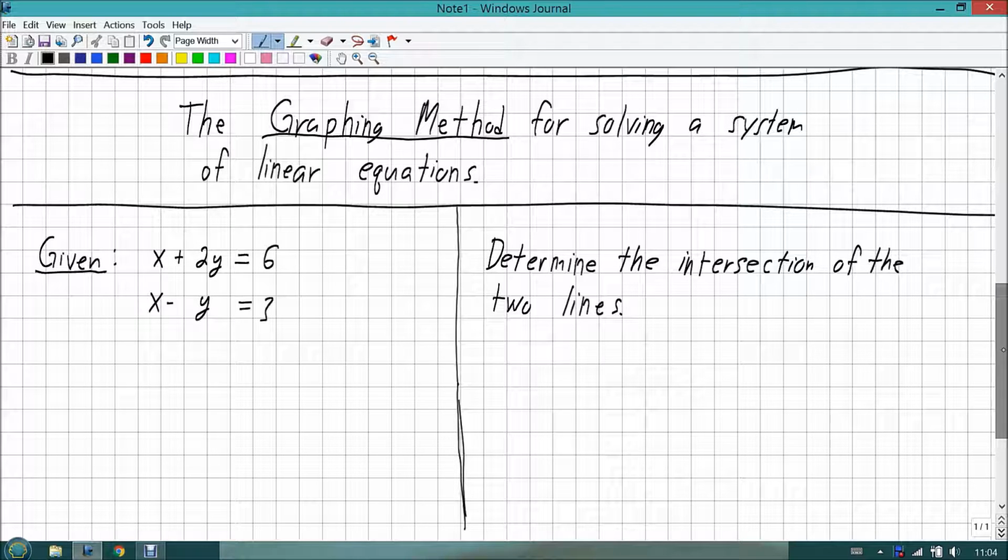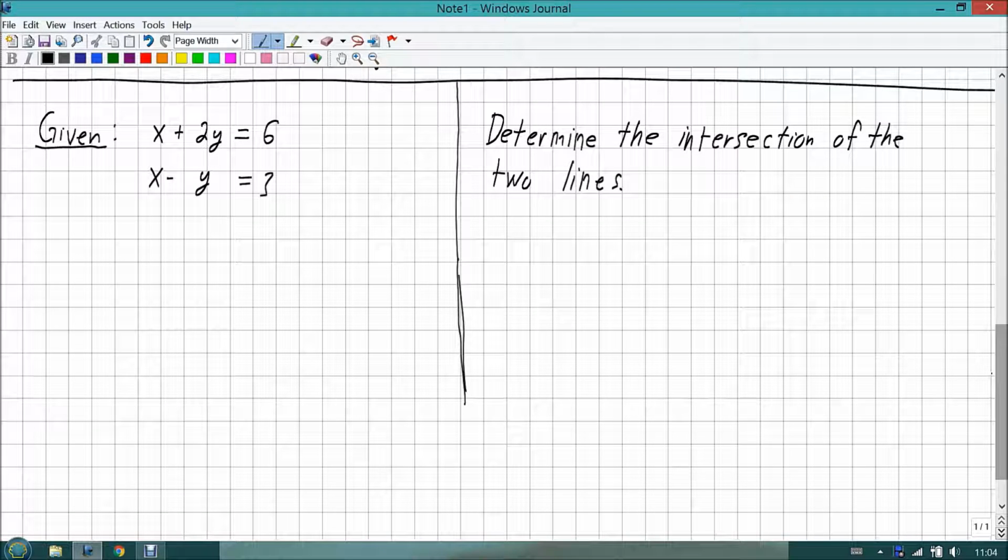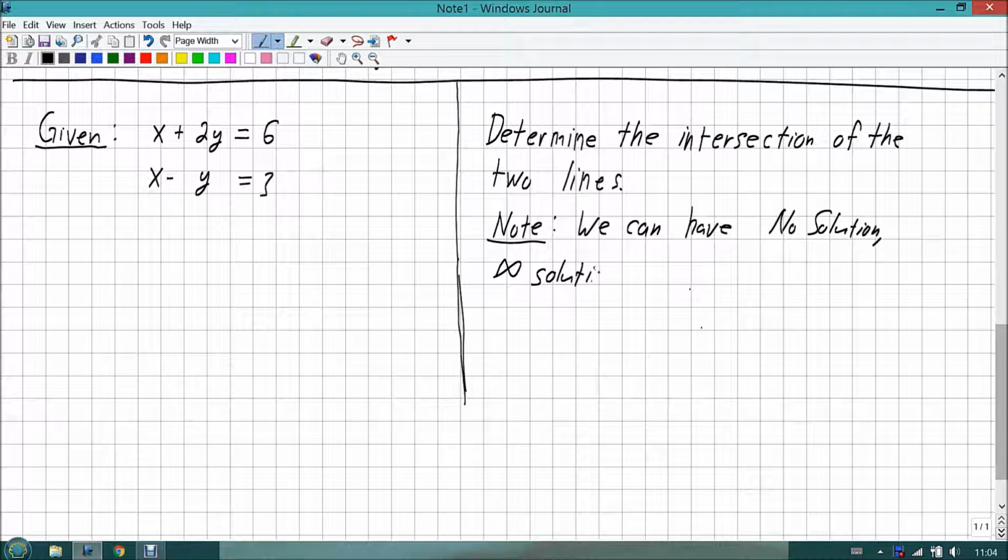So those are 3 possible outcomes: no solution, infinite solutions, or exactly one solution. Those are the only possible things that can happen.